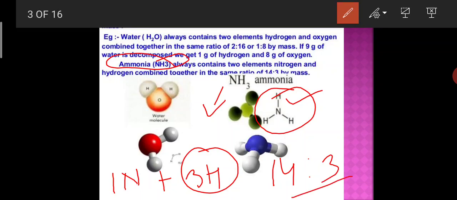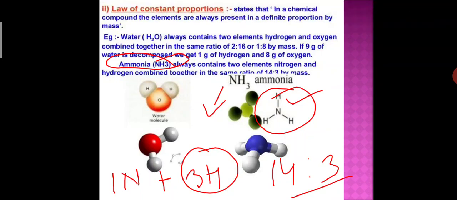So ammonia always contains two elements, nitrogen and hydrogen, combined together in the same ratio of 14:3 by mass. So I hope you understand. This is the law of constant proportion. If we talk about ammonia, nitrogen and hydrogen are always present in the ratio 14:3 by mass, whatever the method, whatever the source from which it is obtained.